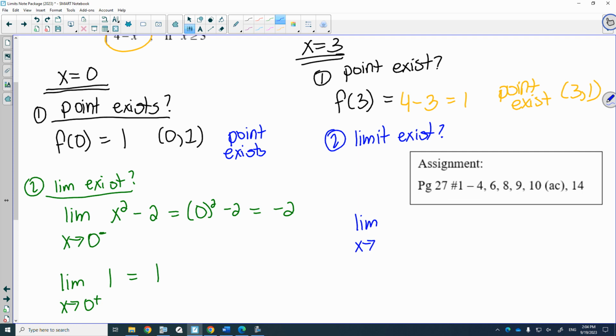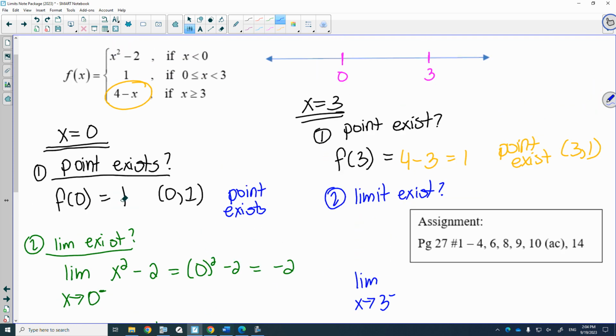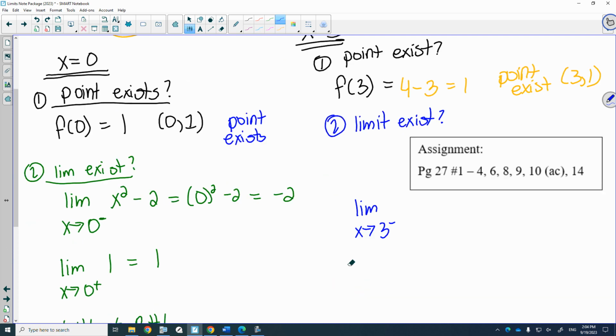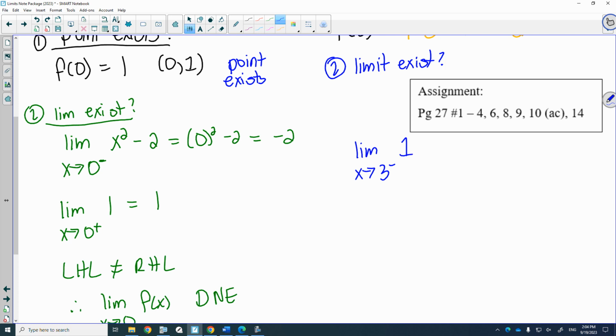Limit as x approaches 3 from the left. Function 1, 2, or 3, which one would be approaching 3 from the left? Which one? Yeah, the middle guy there, so 1. Limit as x approaches 3 from the left of 1. The limit of a constant is the constant. Okay.